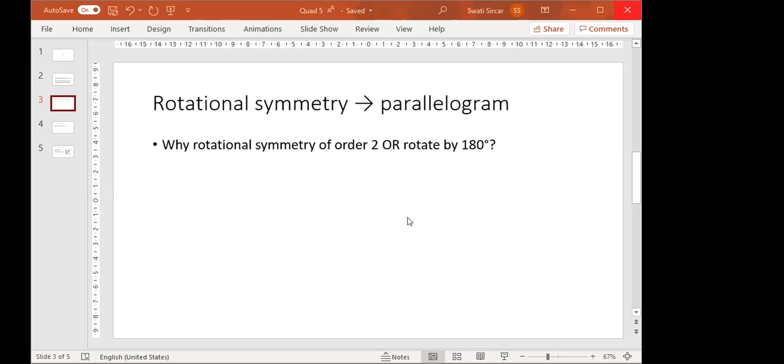Let me break this down. Okay, I can't see anybody unmuting or writing anything in the chat.